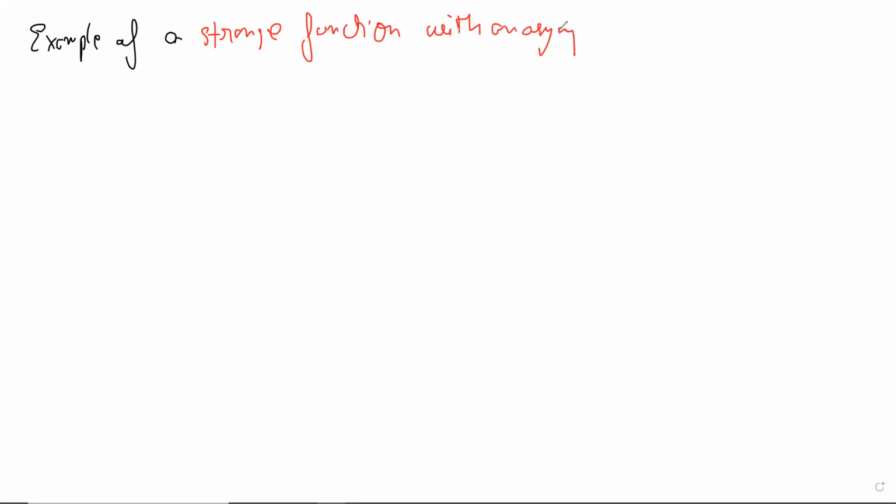So I want to just do an example, an example of a maybe strange function with an asymptote. This can be a maybe interesting example.